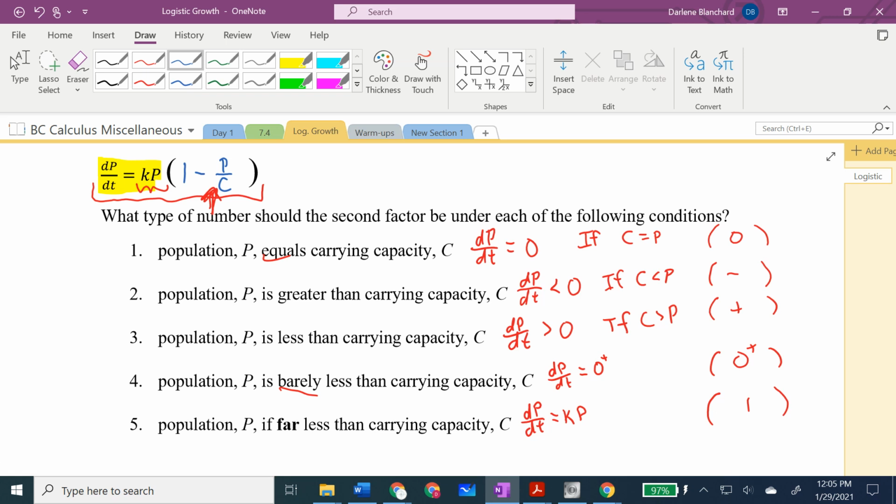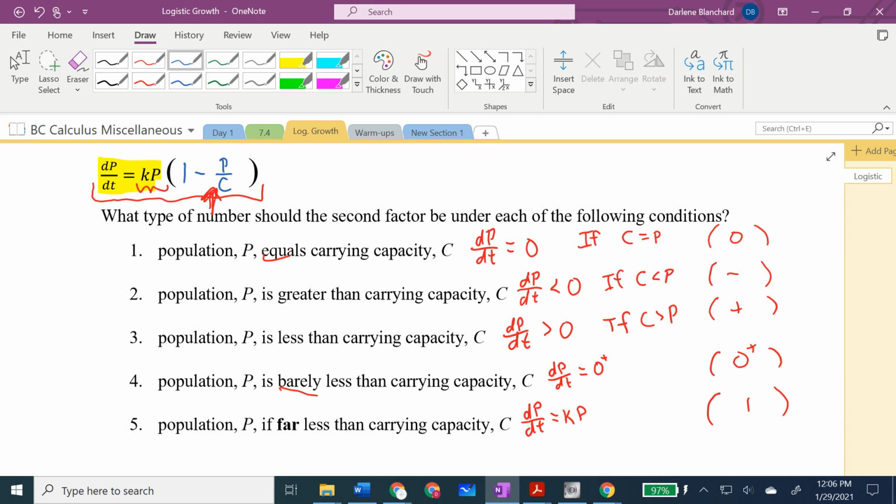Now, population divided by carrying capacity, if your population is under carrying capacity, but yet still positive, P over C is a number between 0 and 1. If your population is over your carrying capacity, your P over C is greater than 1.